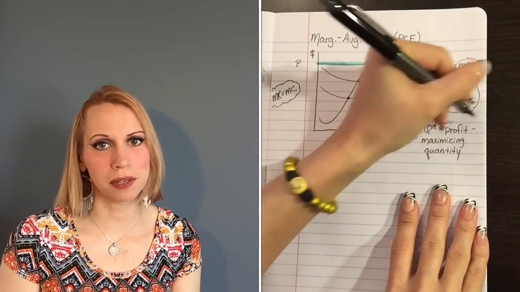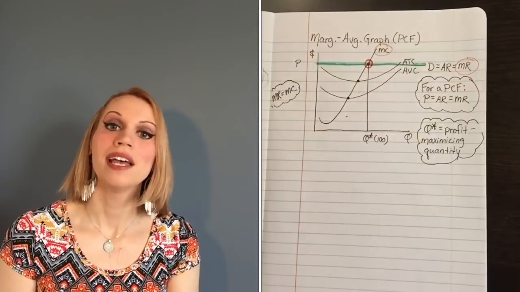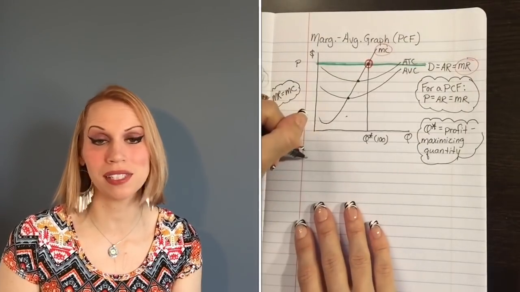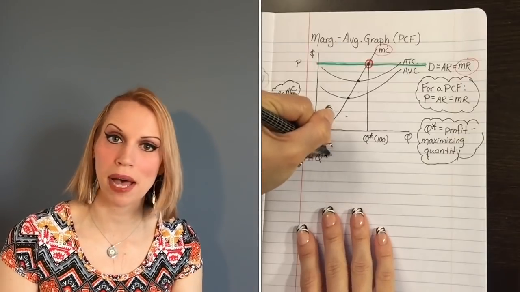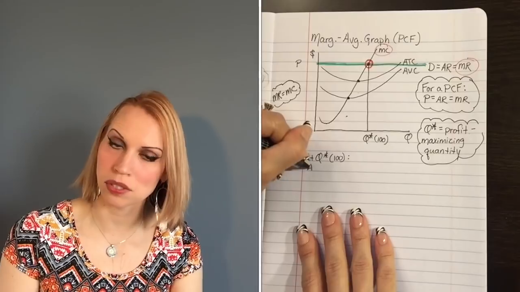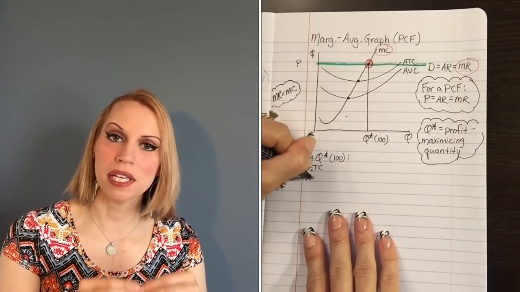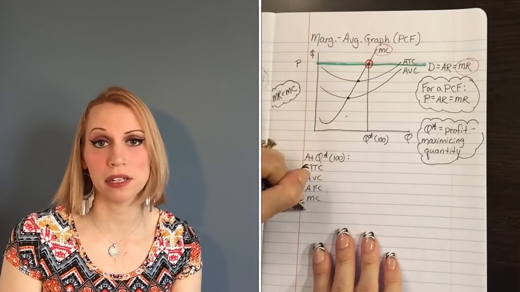So actually, perfectly competitive firms have no control over price. The only thing they really have control over is that x-axis, the quantity that they produce. So the only thing they have at their disposal to try to maximize their total profit is picking the right amount of stuff to produce. So that Q star, picking that right quantity, is critically important for perfectly competitive firms.